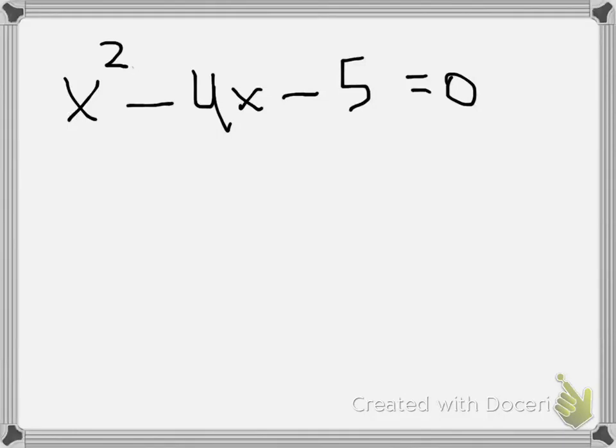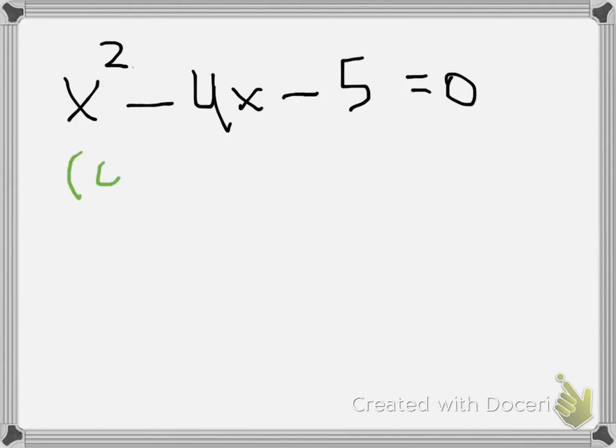So this graph, x squared minus 4x minus 5, is in standard form. In standard form, you should be able to identify your y-intercept really fast. So our y-intercept is going to be -5.